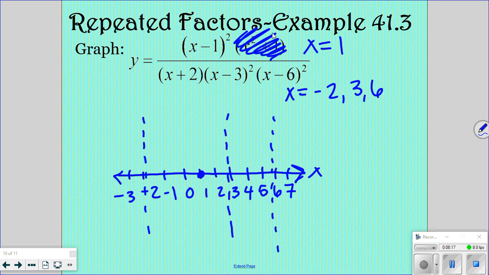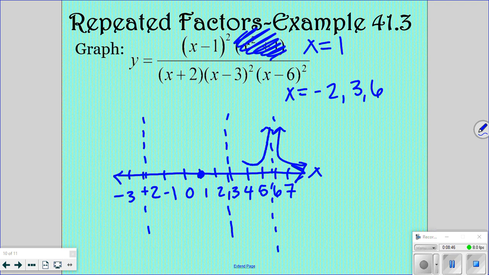So this irreducible factor, again, that's not going to change the graph. So you don't need to worry about plugging it in there. But if you plug it in here, that one's going to be positive, that one's positive, that one's positive, and that one is positive. So we're going to start right above the x-axis, and then we're going to approach the asymptote. Now at 6, x minus 6 was squared, so that means that we have to volcano at that one.